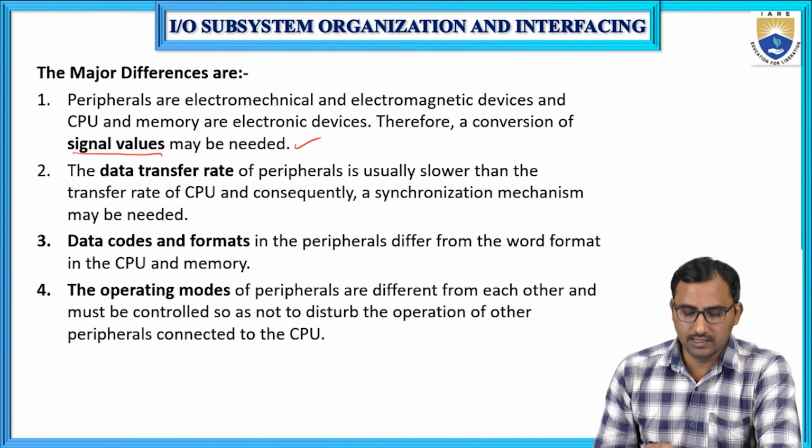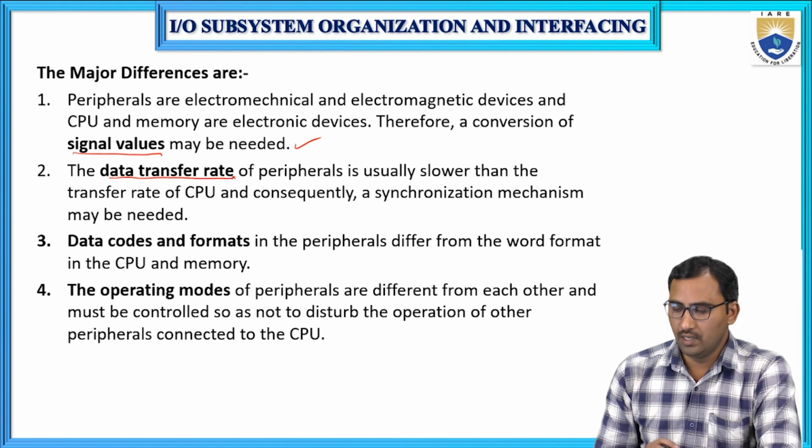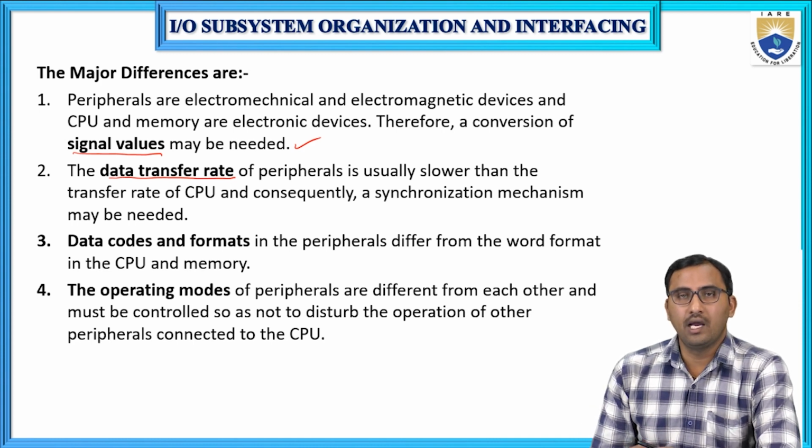The second difference is the data transfer rate. If you see the CPU and the IO device, the CPU will transfer the data at a faster rate, but for the peripheral devices the data transfer rate is low. If you consider any peripheral device like a keyboard, we can transfer the data at a smaller rate.